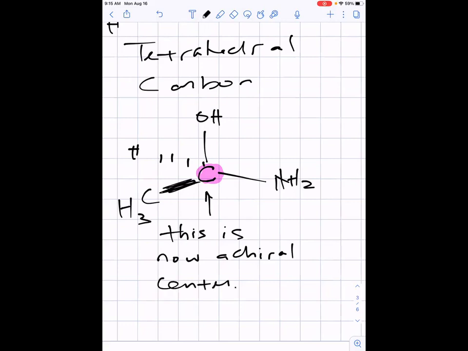Another term that you'll hear me throw around that's equivalent to chiral center is stereo center.